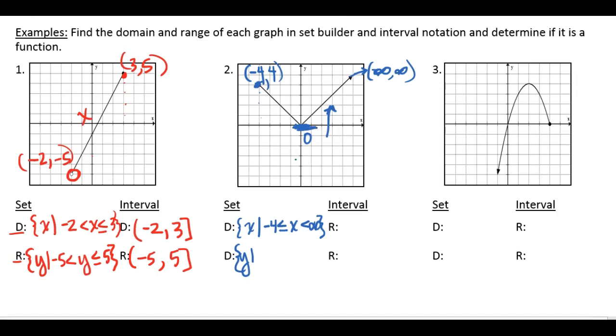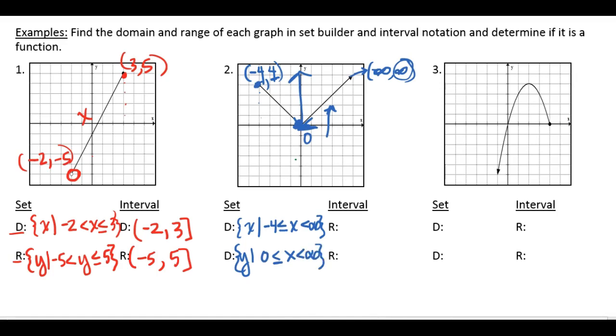It goes from 0 all the way up to what? Positive infinity. This 0 is included from that range, from 0 to positive infinity. It would be closed because that line goes right through it. So it would be 0 less than or equal to y, which is less than infinity.